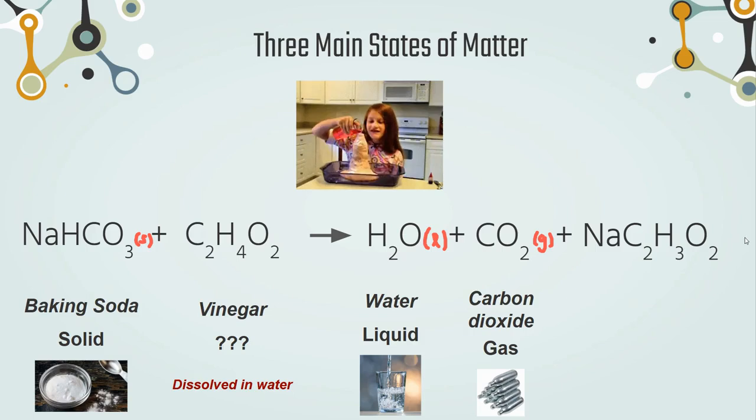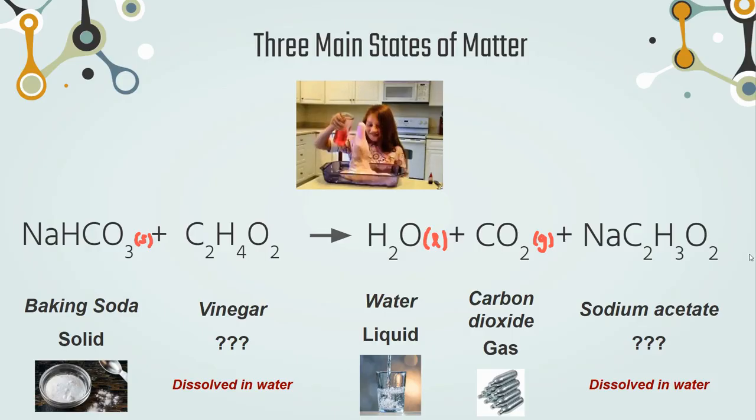And that product, sodium acetate, that we oftentimes kind of ignore, it also is dissolved in the water. It's in fact dissolved in the water of the product, along with some water the vinegar was initially in. So what do we do about these two components, the sodium acetate and the vinegar, that technically are dissolved in water? Well, they're going to be that final state or phase that we have to deal with.